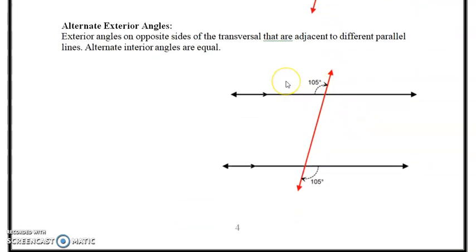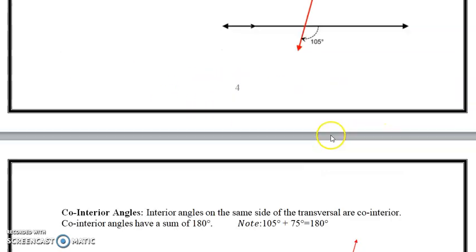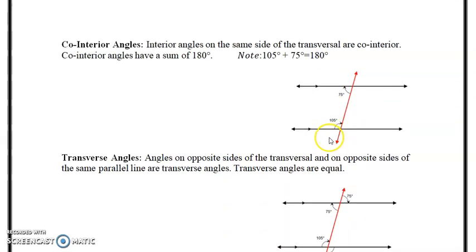And then we have what are called alternate exterior angles, all right? And those are exterior angles on the opposite side of the transversal that are adjacent to different parallel lines. And alternate exterior angles, I apologize, are equal. Next we have co-interior angles.